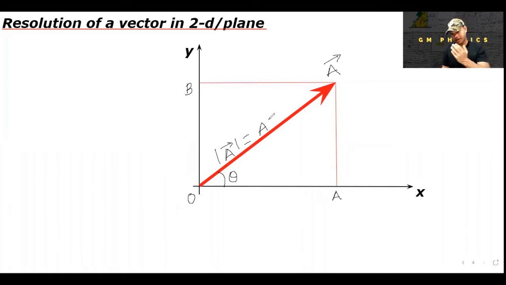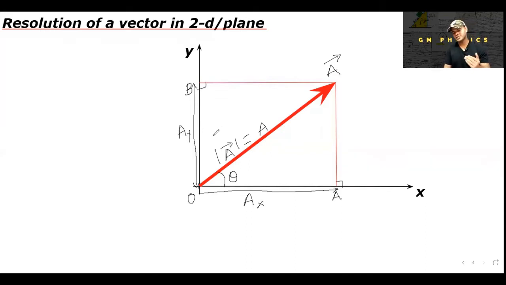So how do we project? So what we do is we draw a line perpendicular to x-axis, right? So from O to A will be the projection of this vector along x-axis. Let's call this AX, right? Similarly, put a perpendicular from the head of the arrow on y-axis. So from O to B, this will be the projection of the vector along y-axis, and let's call this AY.